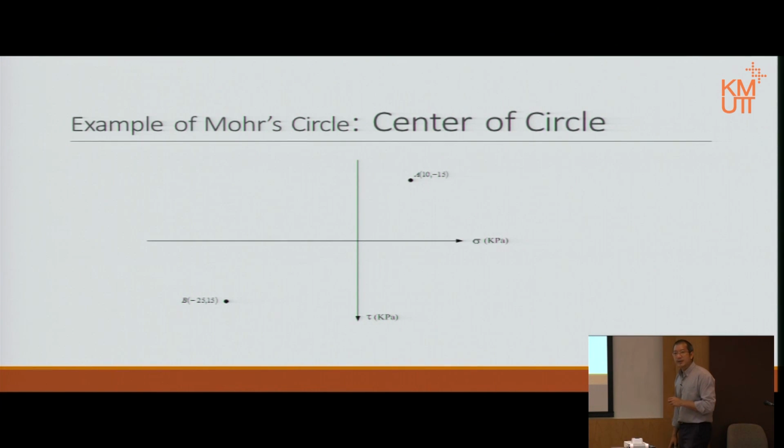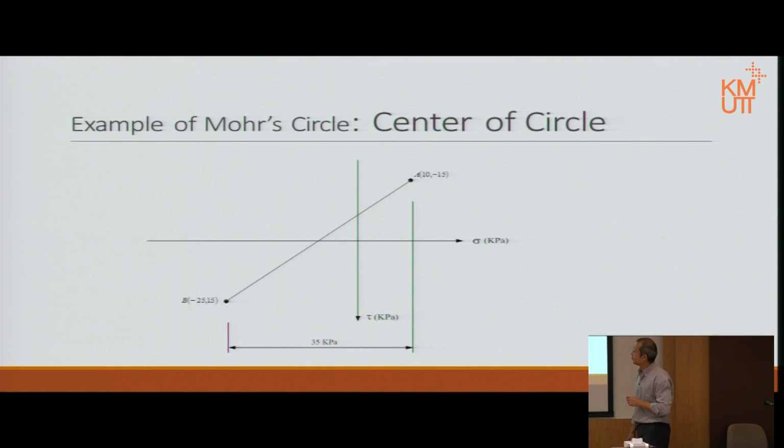Again, I emphasize, these two points come from physically 90 degrees apart, mathematically it is always 2 theta. Therefore, this is a mathematical plot, and this one here is the opposite side of the circle, meaning it is a diameter line.